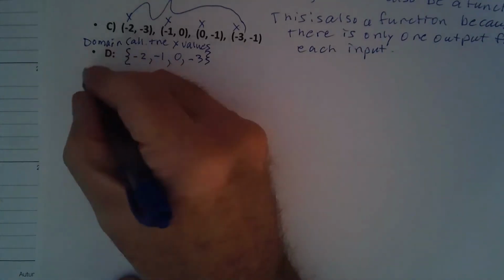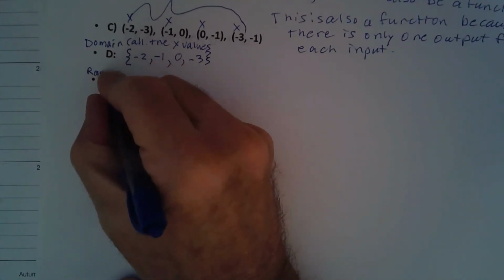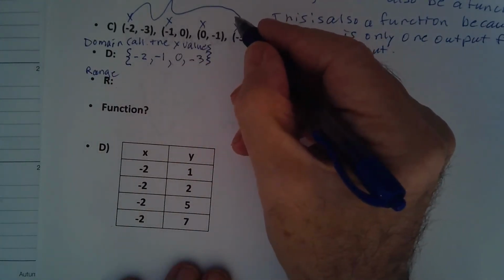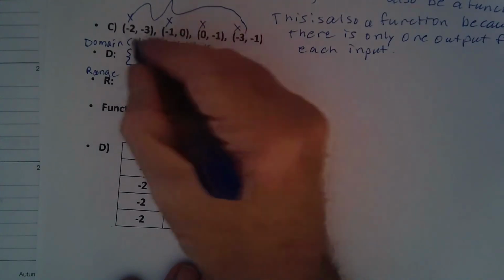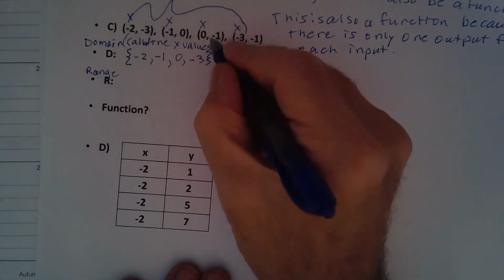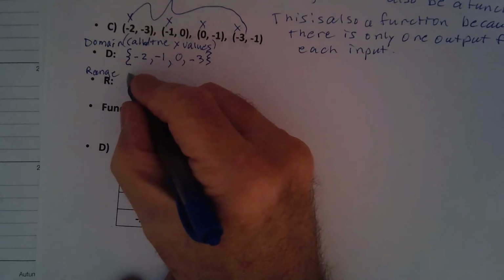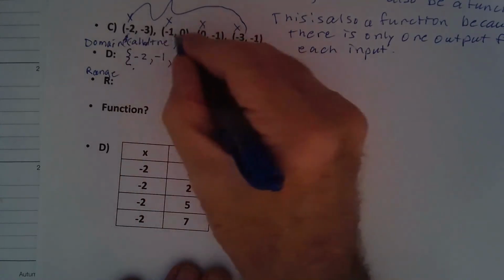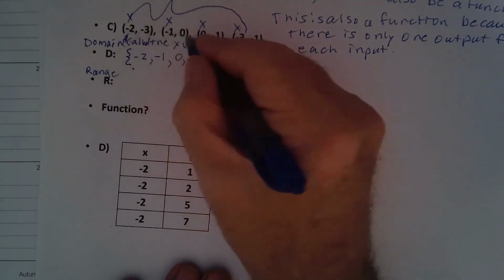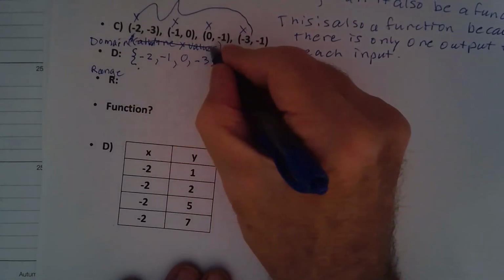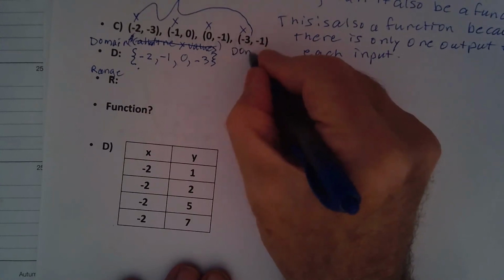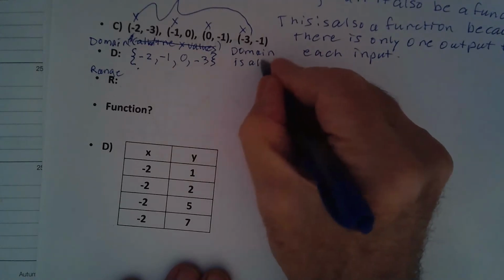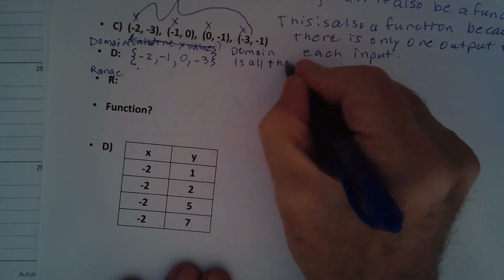Now R is range. This is called the X values. Okay, range, or it's all the X values rather. Let me change that. So all the X values. Let me rewrite it. So the domain is all the X values shown.